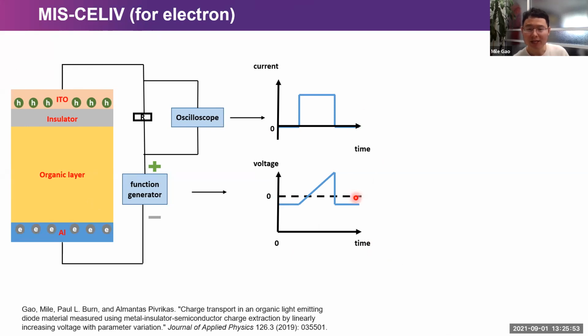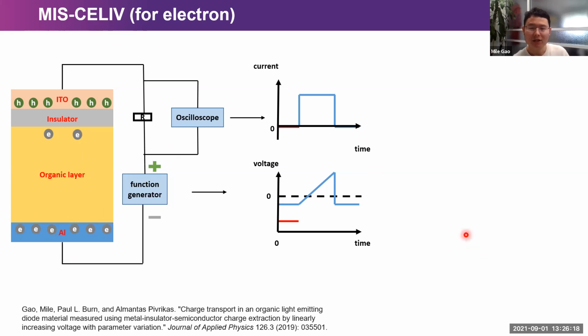But what if we apply a sufficiently large offset at the beginning? If it's large enough, due to the increase of electric field, some of the electrons will be injected through the semiconductor layer and reach the interface of the organic and insulator layer until an equilibrium is reached.